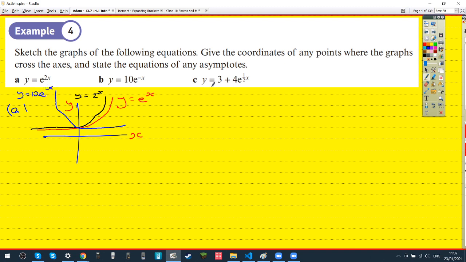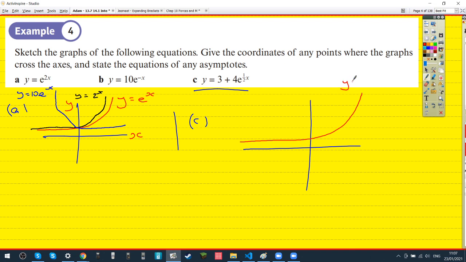And then how about this one? Let's see. So 3 plus 4e to the half x. So we have y equals e to the x.